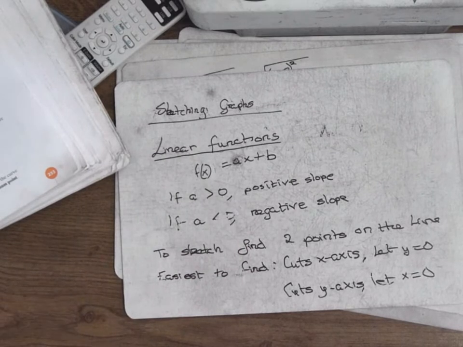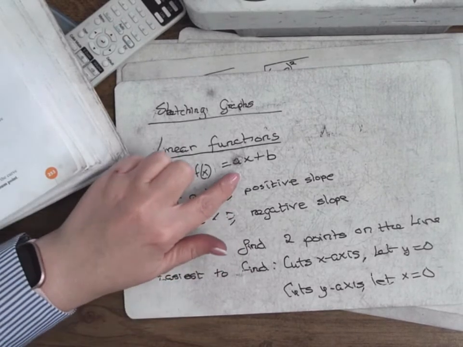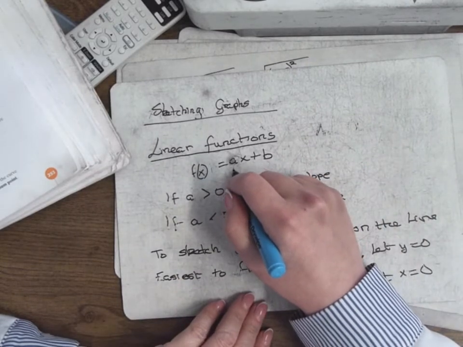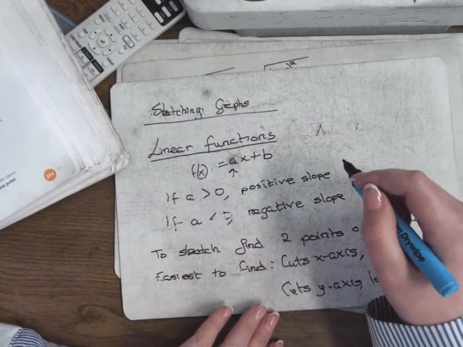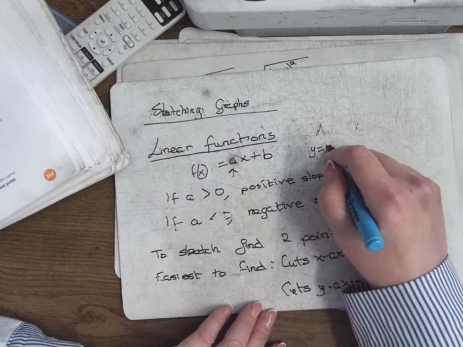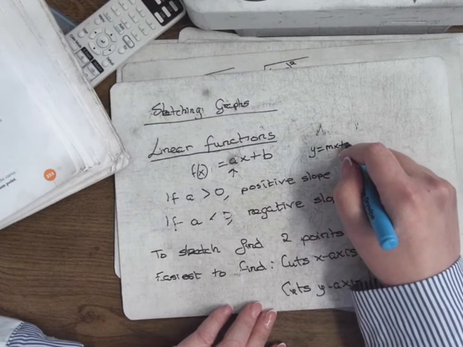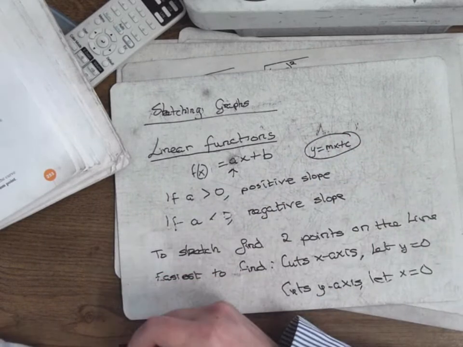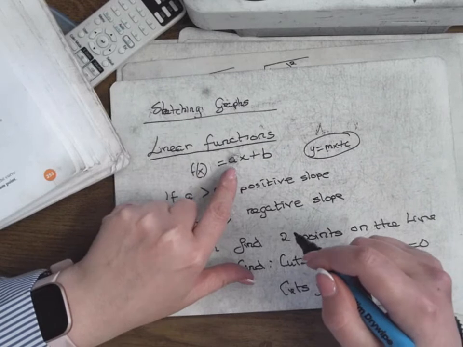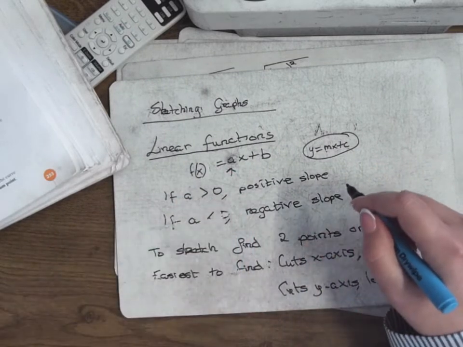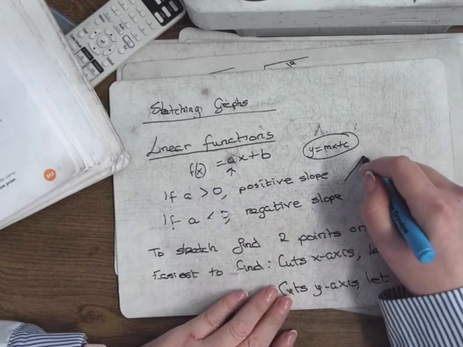Okay, so remember this is from coordinate geometry of the line, in the form y equals mx plus c. So the number in front of x is the slope. If the number in front of x is positive, as in greater than 0, it's a line going up, right?